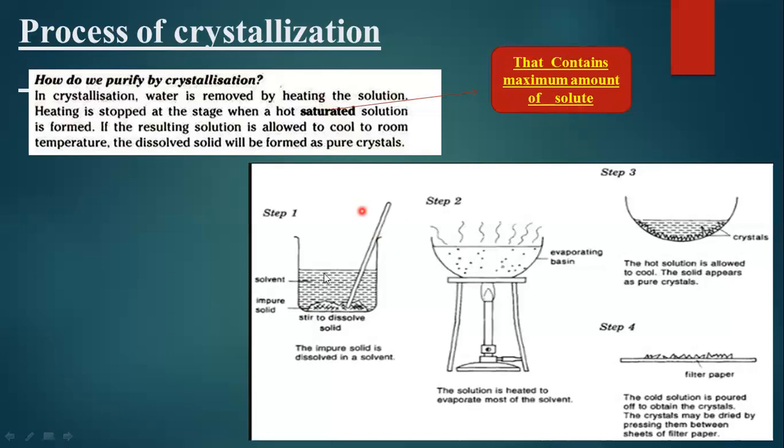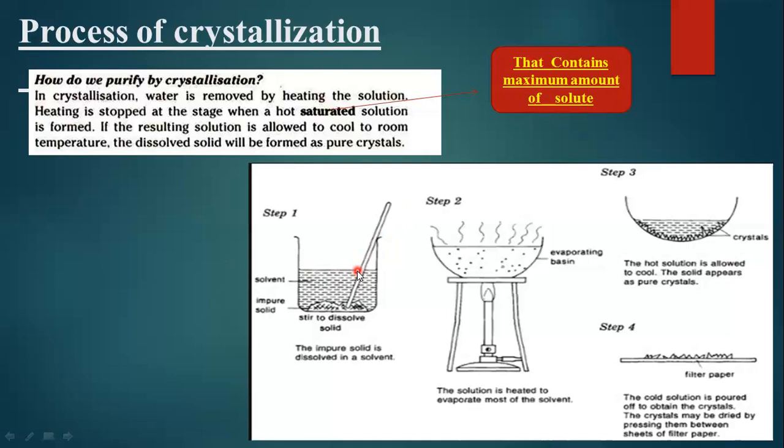We will add the solid into the solvent, and by using this stirrer, we continuously stir the solution, and we will continue adding the solid until the further solid will not dissolve in the solvent. That solution is called saturated solution.